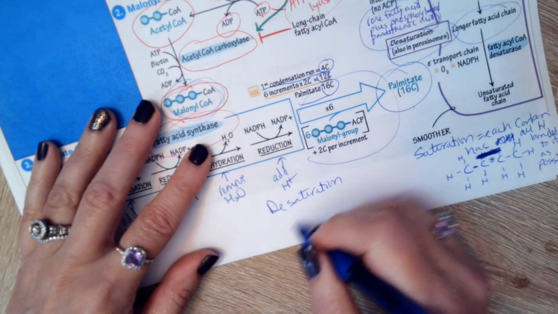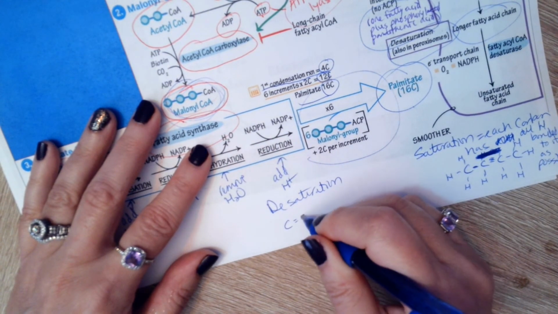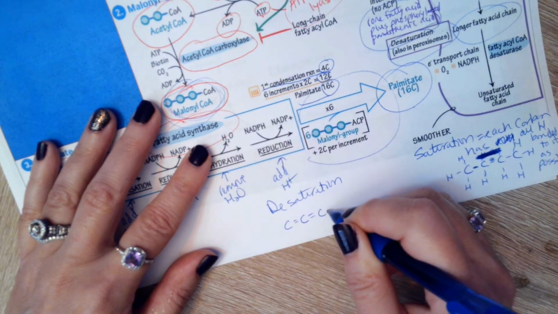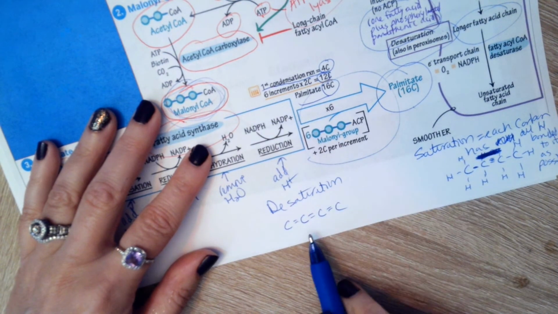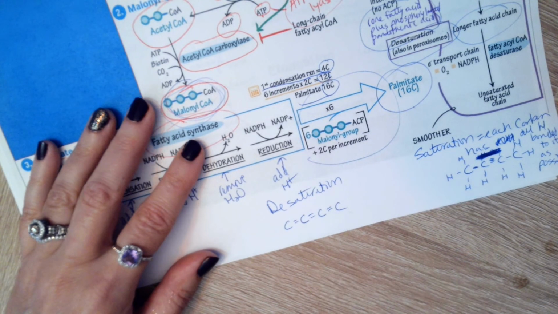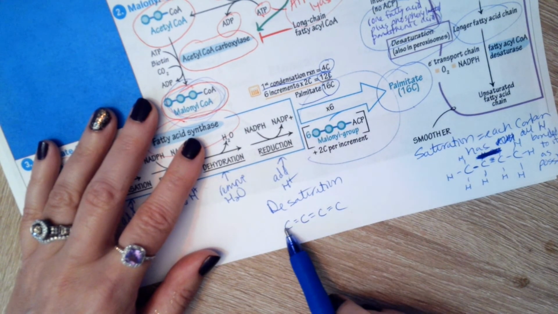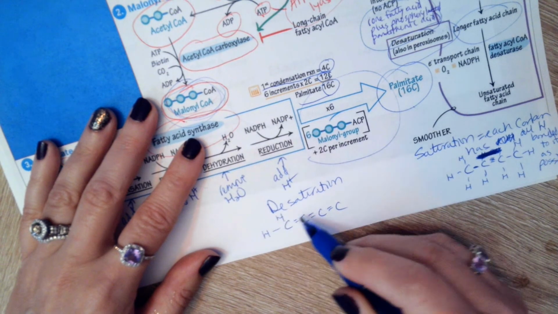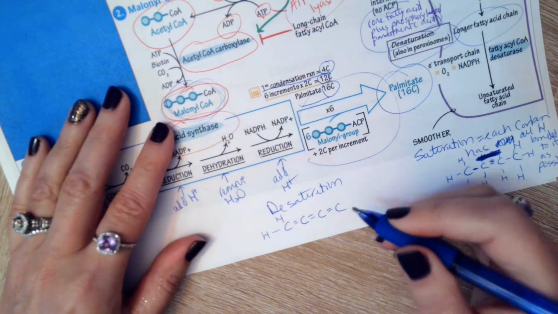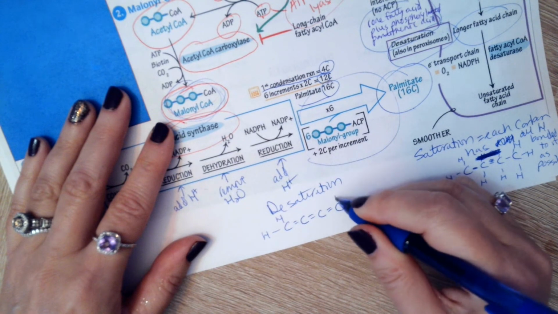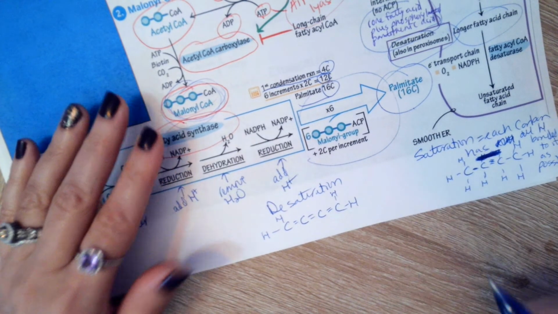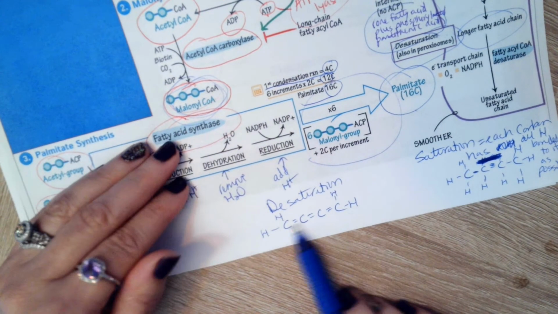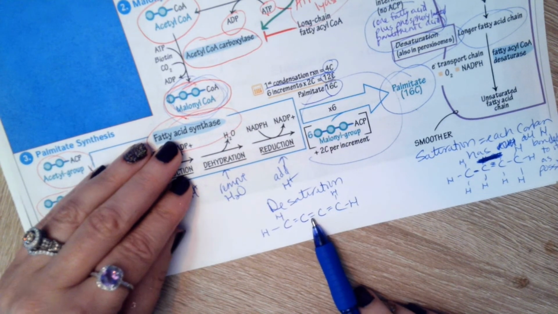So when we desaturate, let's put double bonds between all the carbons just to be extreme about it. So now this one has 2, so it can only have 2 hydrogens. This one has 1, 2, 3, 4. No more hydrogens on this one. Same with this one. This one can have 2 hydrogens. Okay, so we have a lot of double bonds between our carbons.